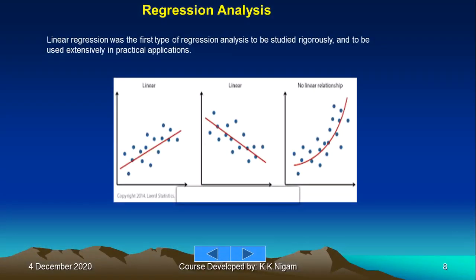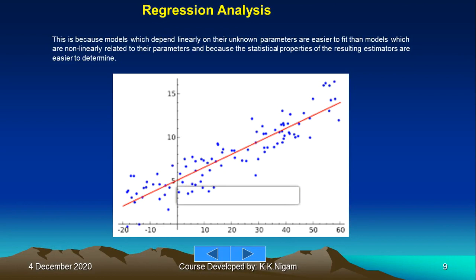Linear regression was the first type of regression analysis to be studied rigorously and to be used extensively in practical applications. That is why, for forecast or prediction, linear regression is the first approach that is generally applied. This is because models which depend linearly on their unknown parameters are easier to fit than models which are non-linearly related to their parameters, and because the statistical properties of the resulting estimators are easier to determine, we can use linear regression analysis.